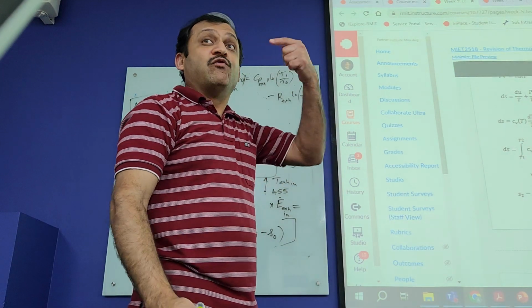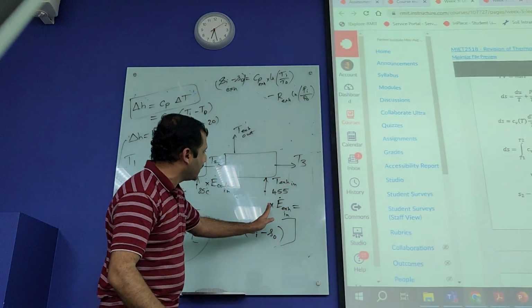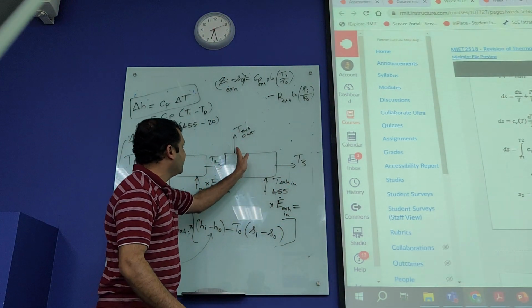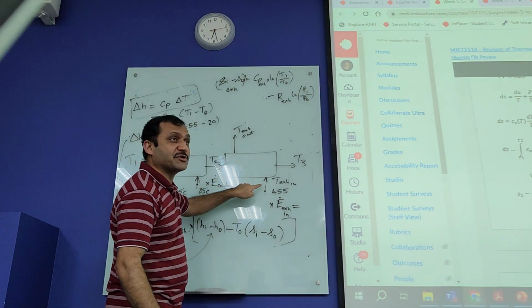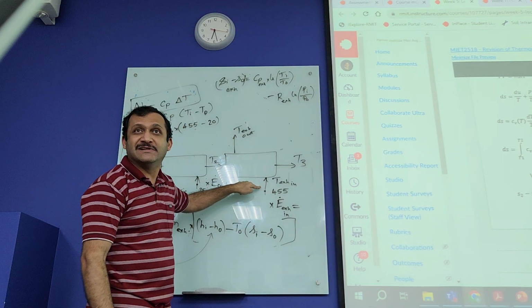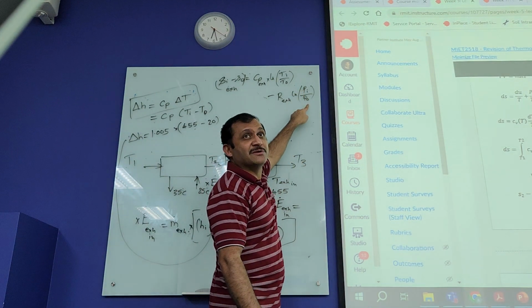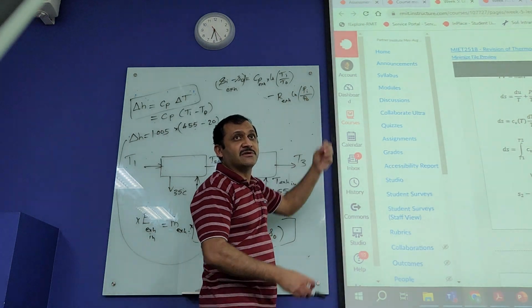Now, further in the assignment, what is said? What happens to the pressure within the heat exchanger when the exhaust goes from in to out? What's the pressure here and what's the pressure here? Pressure losses are negligible. So P in is equal to P0. The ratio is 1. Natural log of 1 is 0.